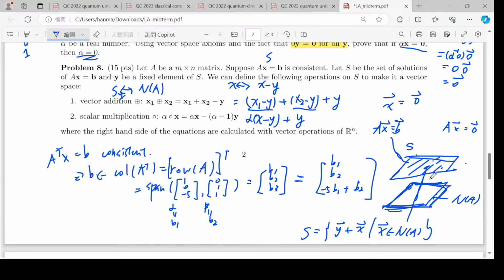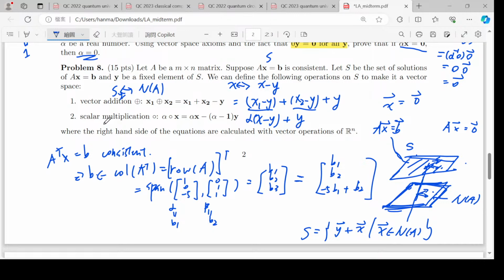But what we can do is mimic the vector space operations, because we know the null space is a vector space, so we can mimic the vector space addition and the scalar multiplication on S. So if you have two vectors adding, like a vector addition on the null space, then we mimic it onto S. So we want to add two vectors in S, then we move them back to the null space and do addition and move it back.